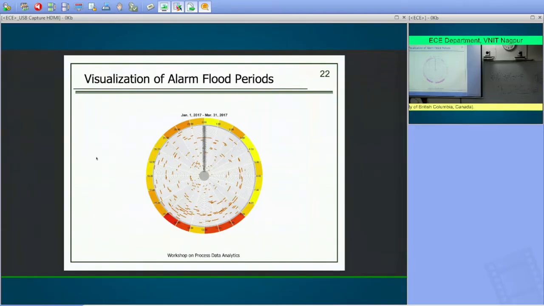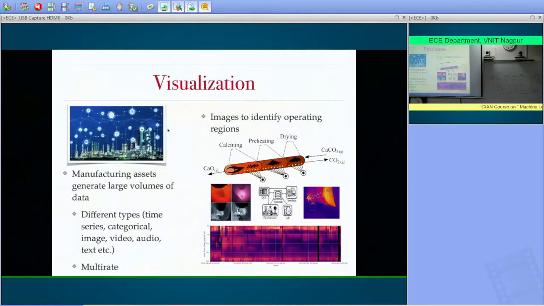To get some intuition into that. This was a very simple idea, but proved to be very effective in monitoring the system. Okay, so this is one example of very simple data visualization. It turned out that a company is trying to sell this idea. You would think it's just so simple.